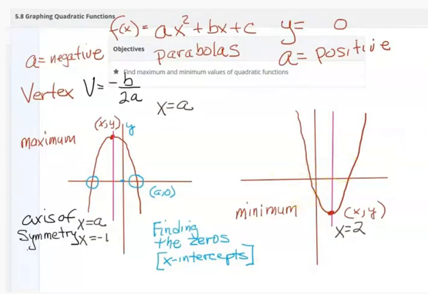Now there's one last thing, and that is the y-intercept, where the parabola will cross the y-axis. Now, again, when x equals 0, we get our y-intercept, which is in this form from an earlier lesson.